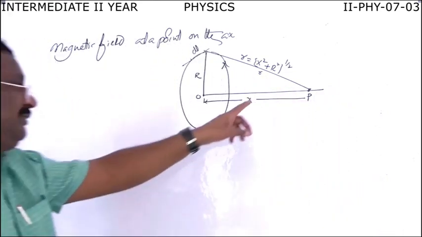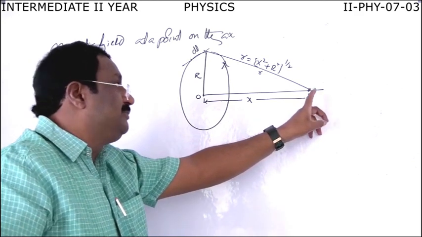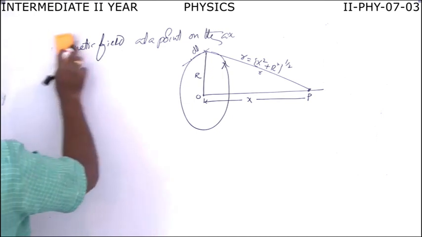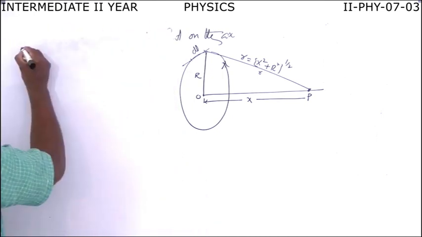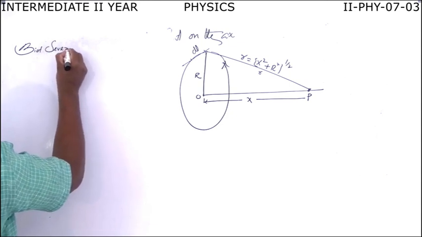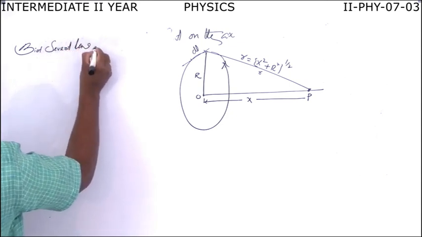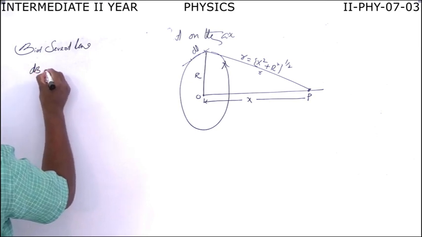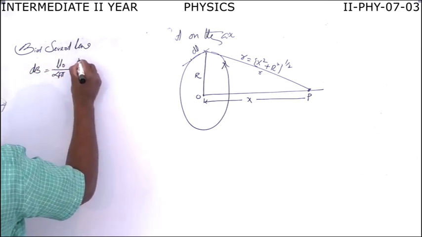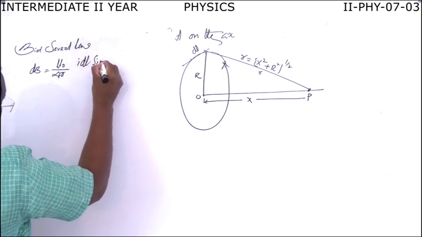Now we find the magnetic field at this point due to this small element. According to the Biot-Savart law, dB is equal to mu naught by 4 pi I dl sin theta by r square.